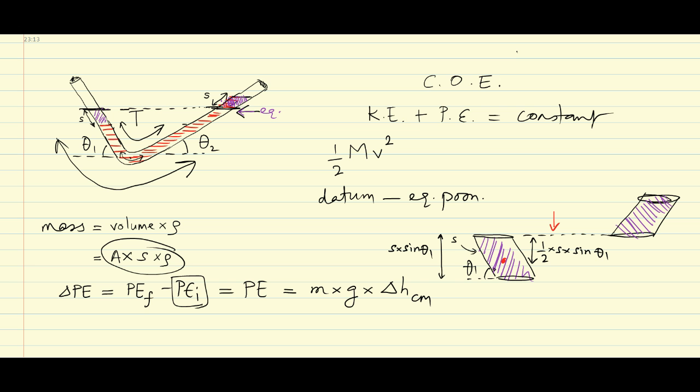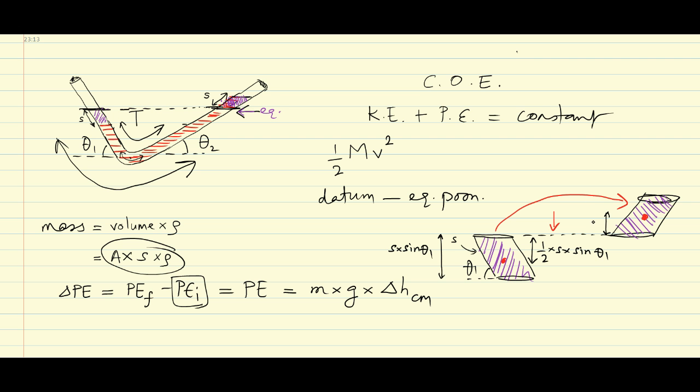Now what happens is this liquid effectively goes to the right, and the CM also moves to the right. I mean it goes over here. The CM is now over here, and we want to find the distance of the CM above the dotted line.